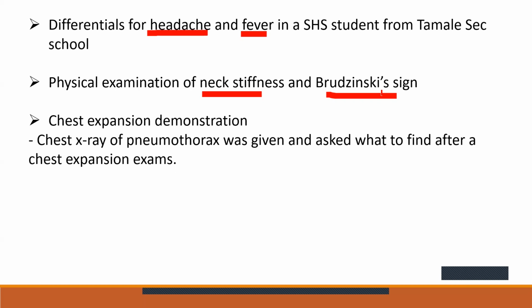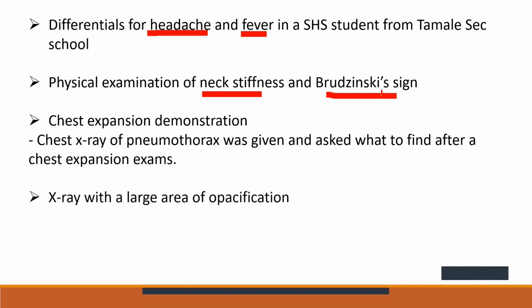For example, the fremitus, the chest expansion, whether it is symmetrical or asymmetrical, and all of those things. So I'm sure they were just giving an x-ray to be able to do that.